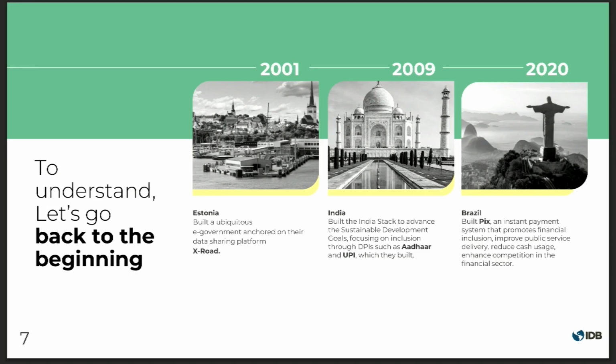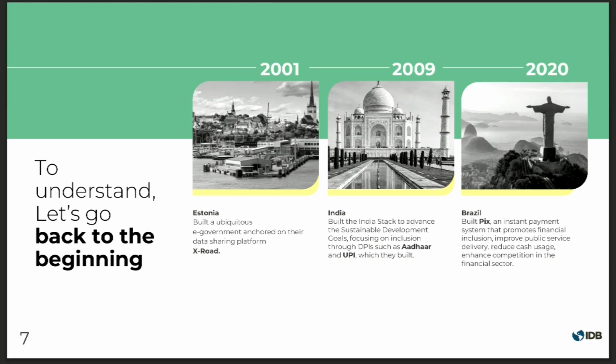Then you cut to 2009 and you have India, which I'm not going to cover in much detail because we're going to have a talk sharing the very detailed, amazing India case. But India back in the day had only 20% of its population banked. I actually took a picture from a presentation yesterday.